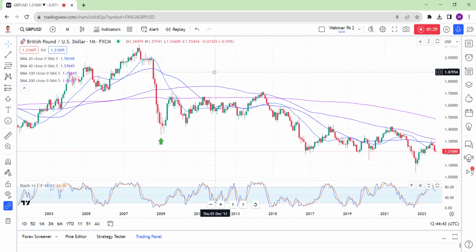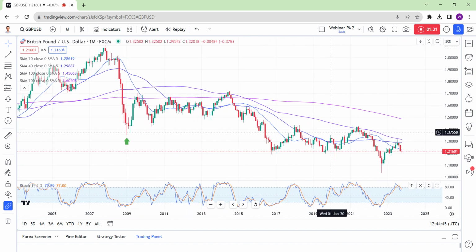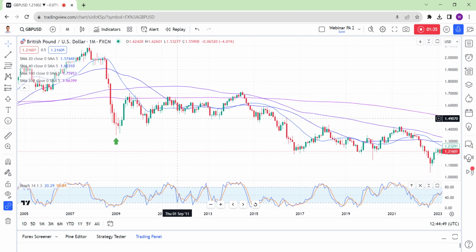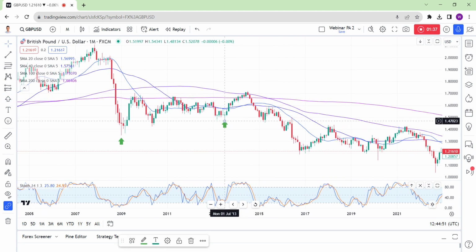So quite frequently, you are going to get those retracements back up. But nonetheless, that has shown a continuation of the downwards trend in the long term. In other words, the pound is losing value. People are not buying pounds. Instead, they're much preferring dollars as time goes on.